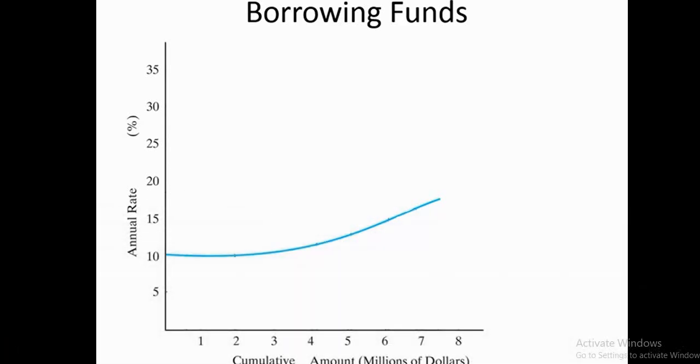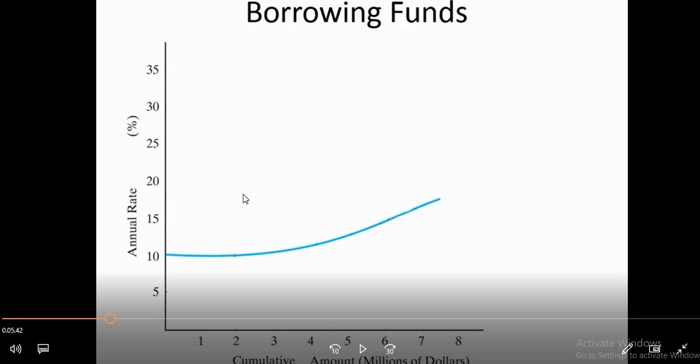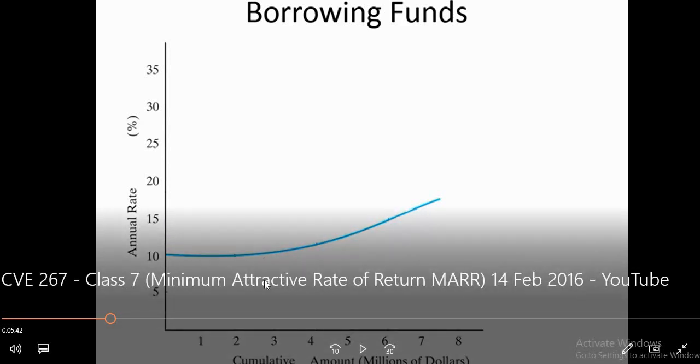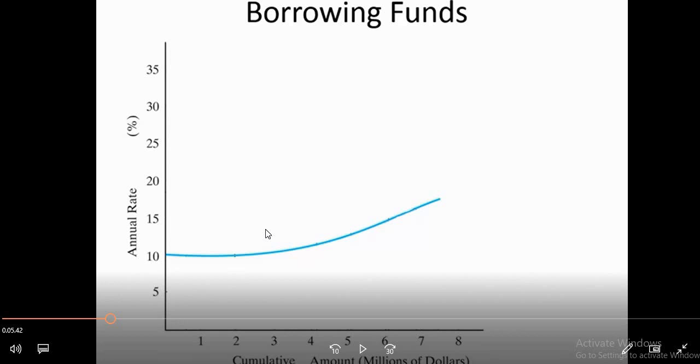Now if you look at this particular graph, on the x-axis there is an amount, and on the y-axis there is an annual rate, or interest rate, which is considered annually. Suppose that the company's annual turnover is $2 million.